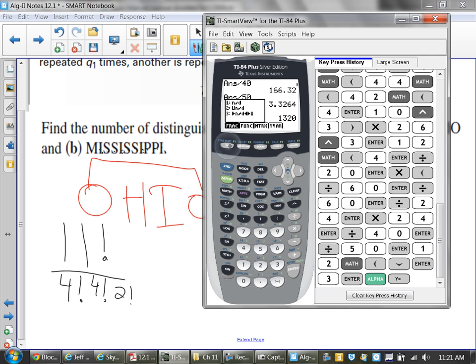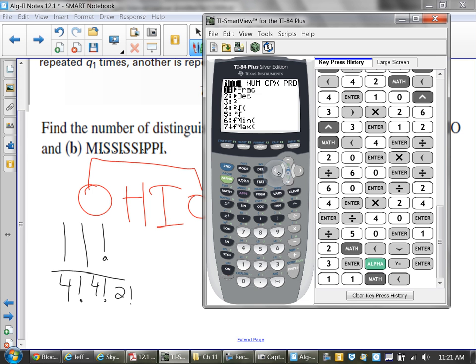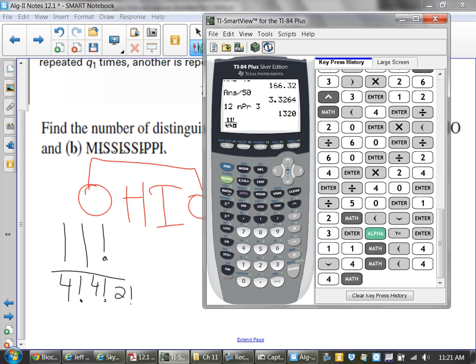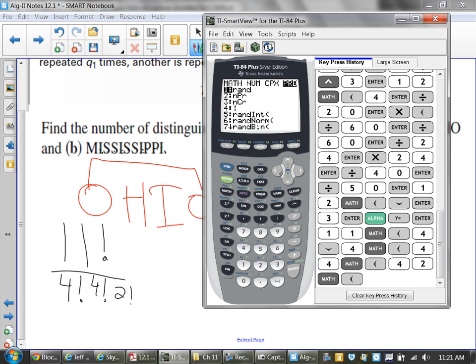So you do alpha, y equals, 11 over 4. There are 34,650 possible permutations. I always have a problem saying combination when it's permutation. They are two different things.